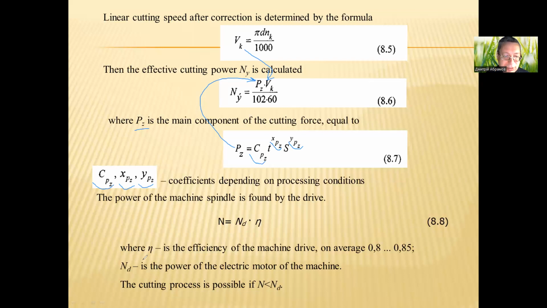N suffix d is the power of the electric motor of the machine. The cutting process is possible if N is less than N suffix d. Please write down in your notes formulas from 8.5 to 8.8.